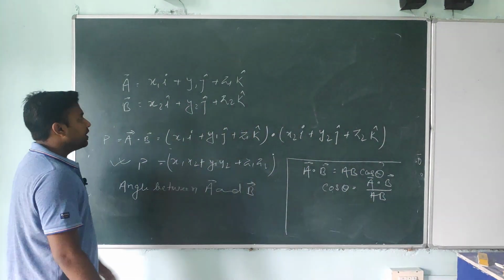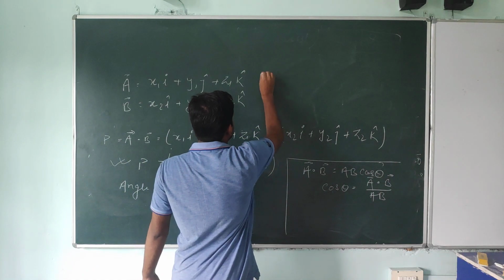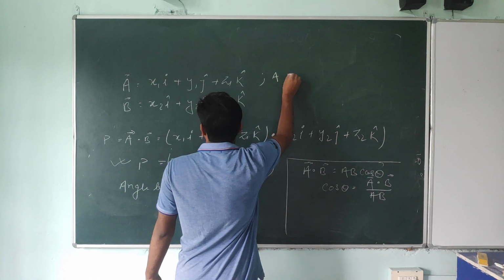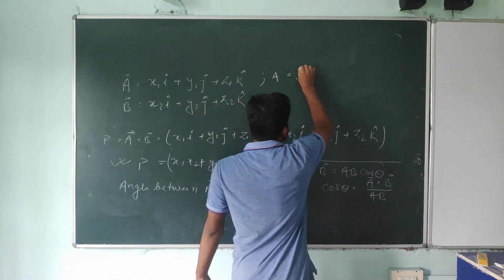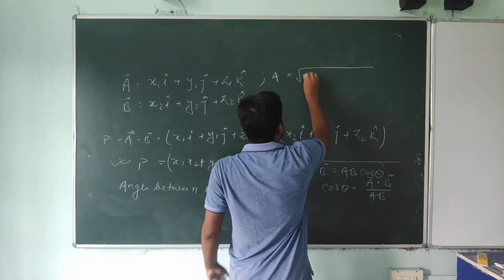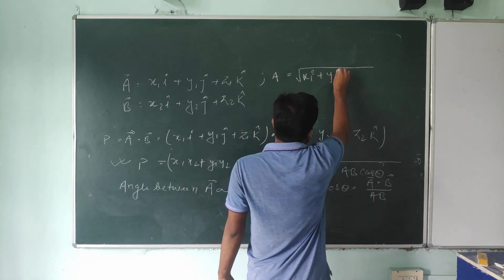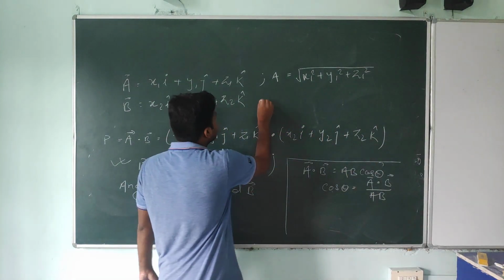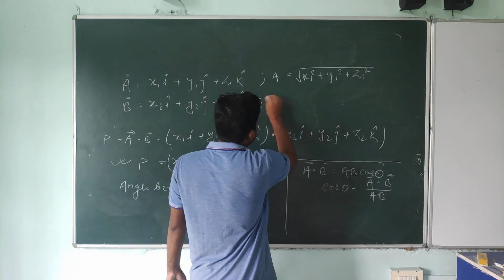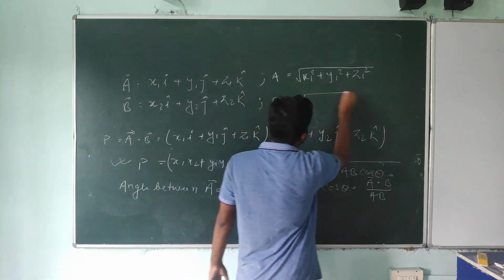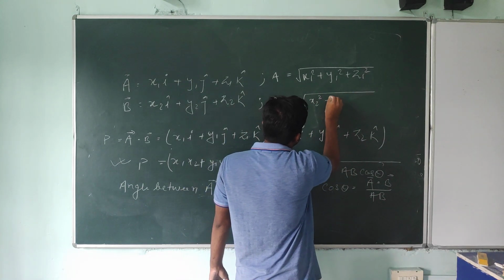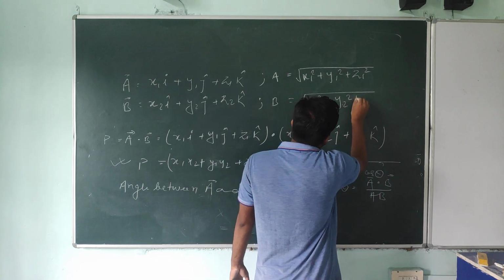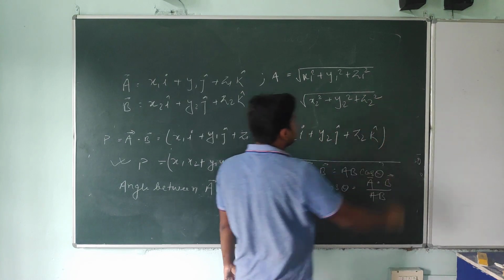Now we already know the magnitude of a vector is root under x1 square plus y1 square plus z1 square, is it or not? And the magnitude of b vector is root of x2 square plus y2 square plus z2 square, is it or not?